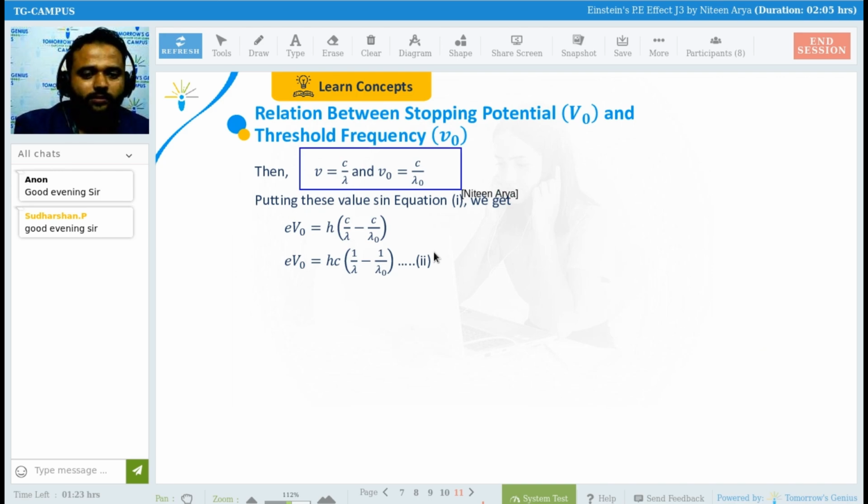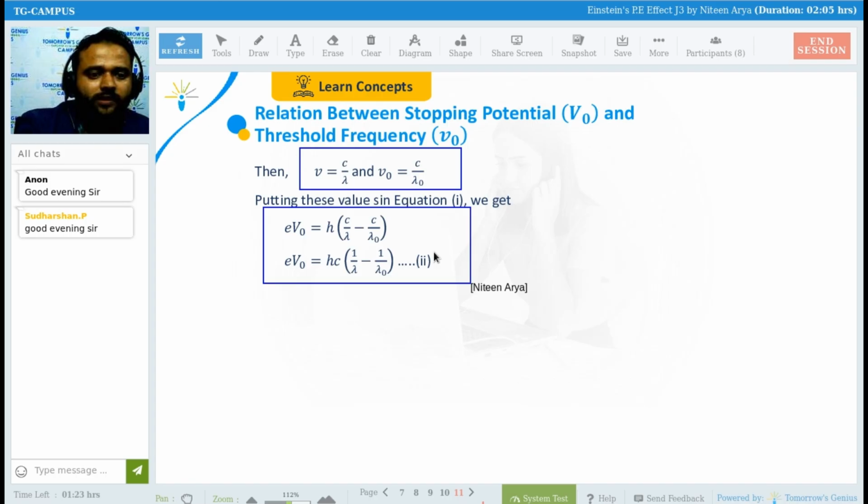I already gave it to you; you already know this. As it is written, a relation between stopping potential V naught and threshold frequency.